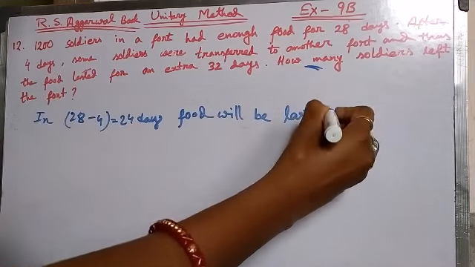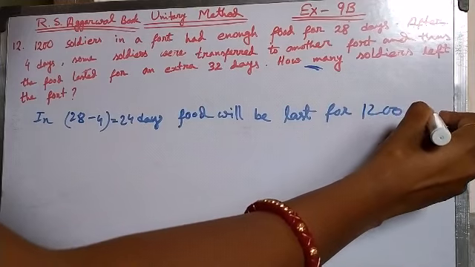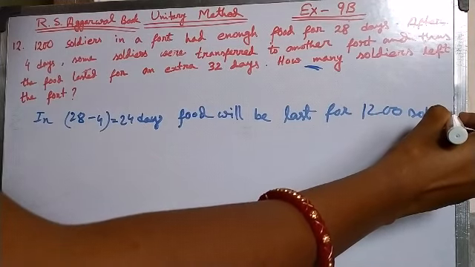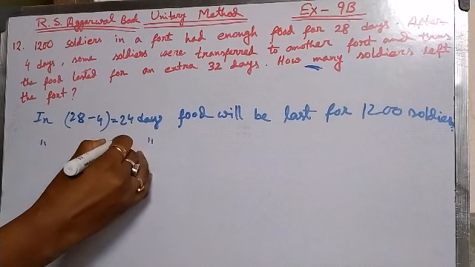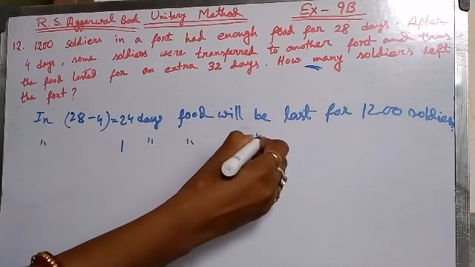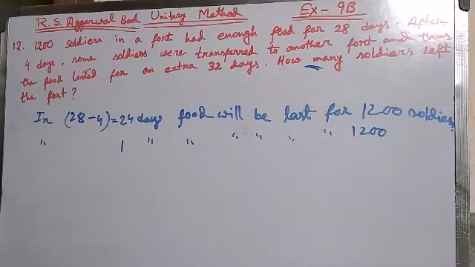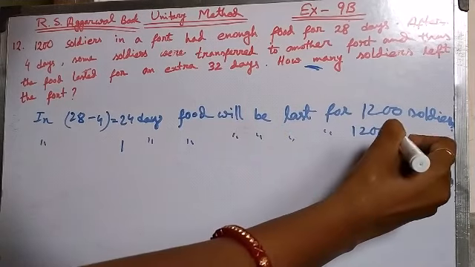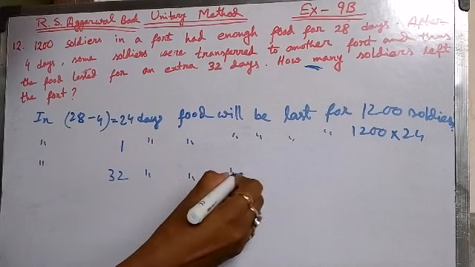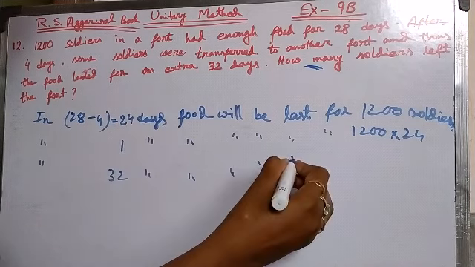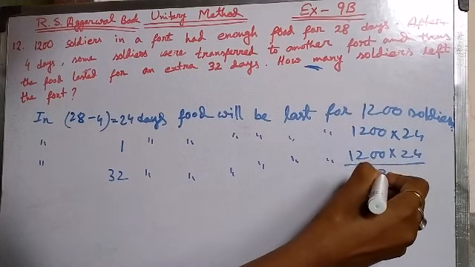Food will last for 1200 soldiers. So in 1 day, food will last for that number of soldiers will be more. That means 1200 into 24. Then in 32 days, food will last for 1200 into 24 divided by 32.